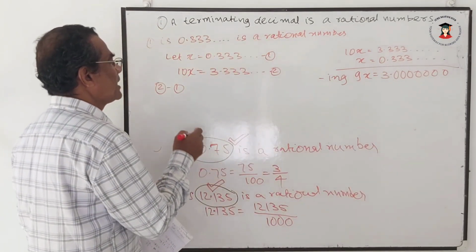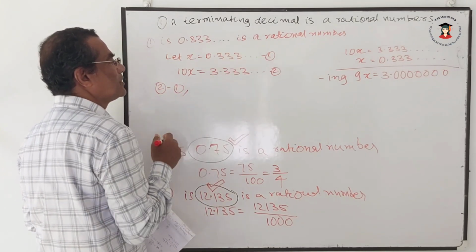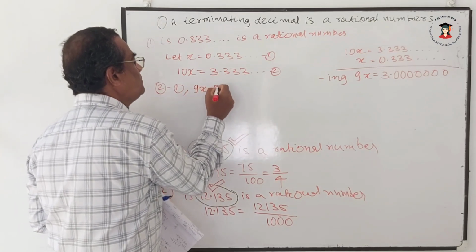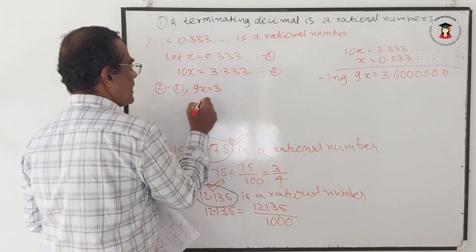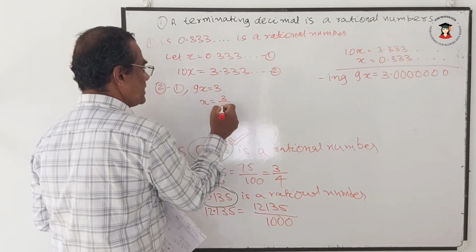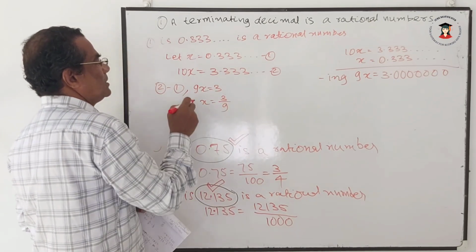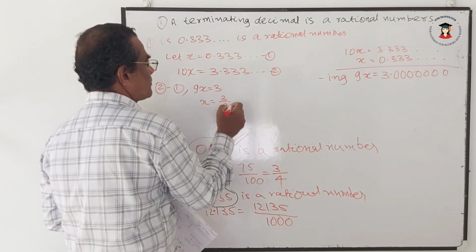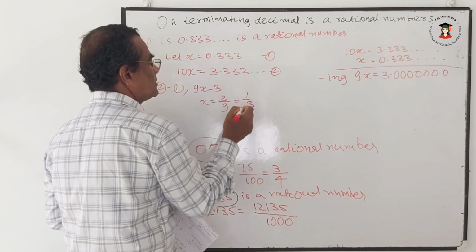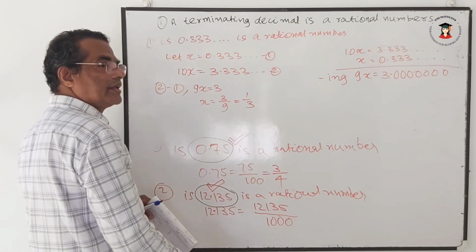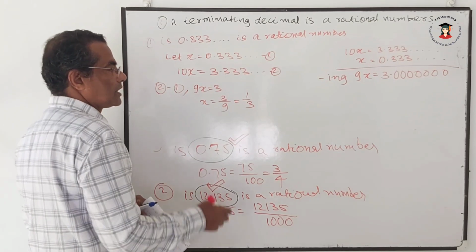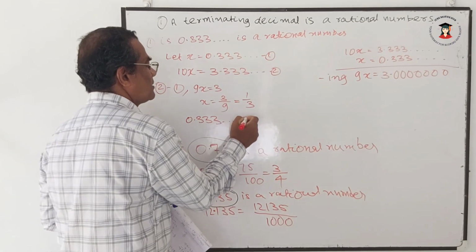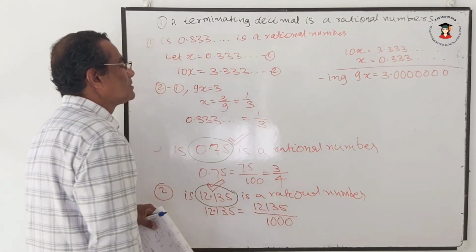So subtracting these two equations, what we obtained is 9x is equal to 3. From this, x is equal to 3 by 9. It is the same as 1 by 3, dividing by 3. X means 0.333 etc. That we expressed as 1 by 3.